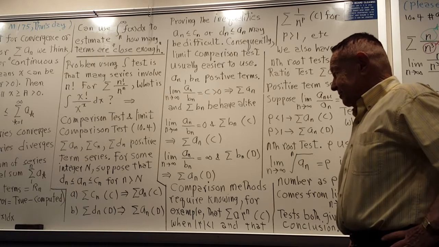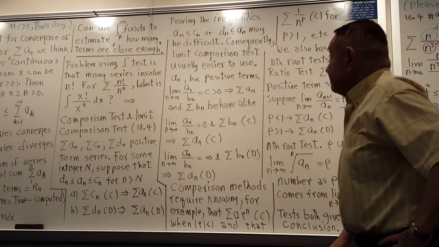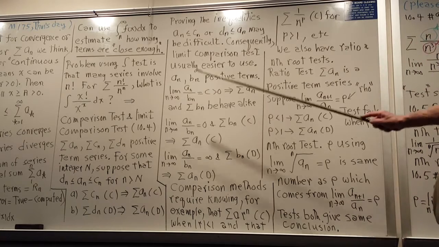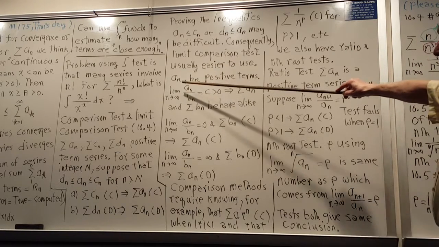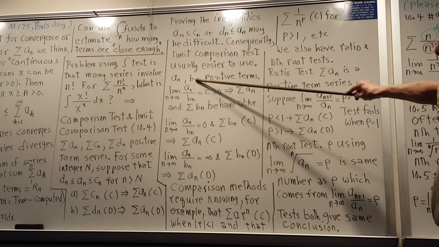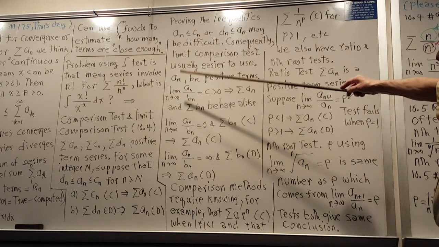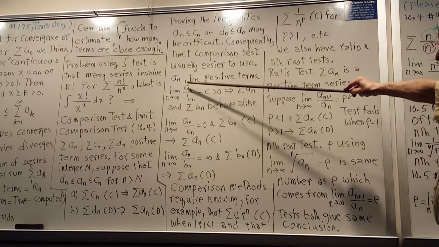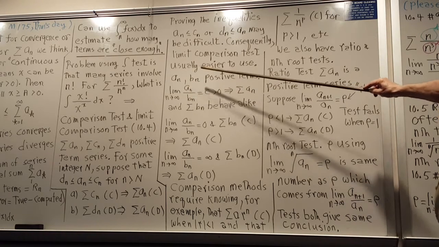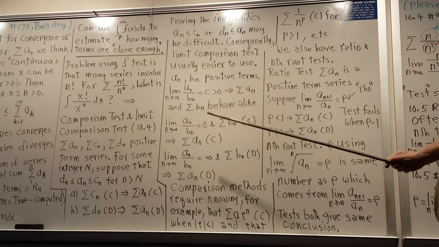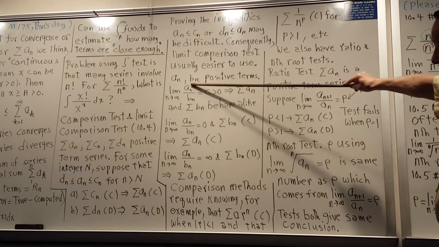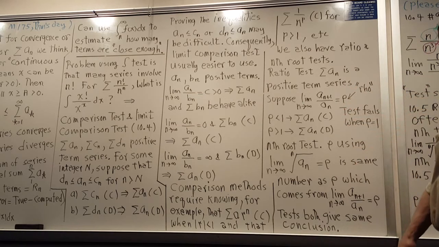to do the limit comparison test, where if you have positive term series a_n and b_n, and the limit of the quotient is a positive constant, then the two series behave the same way.